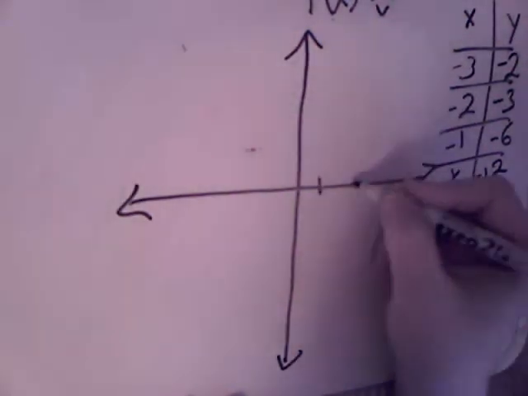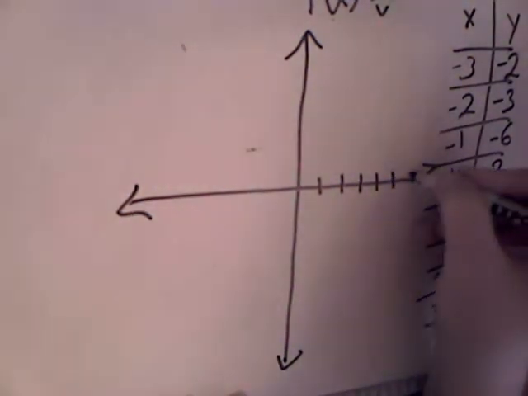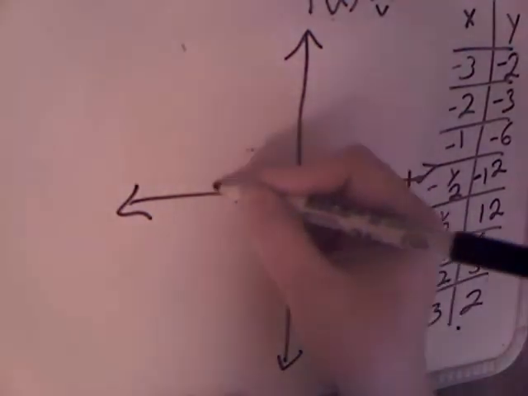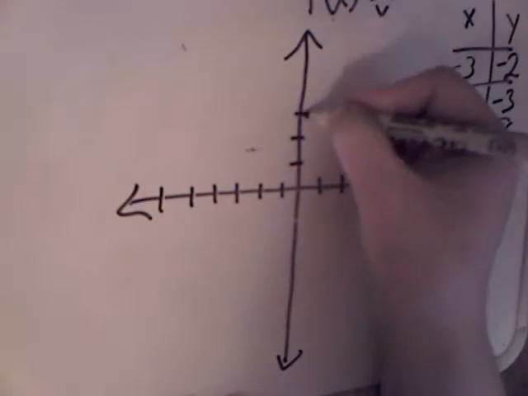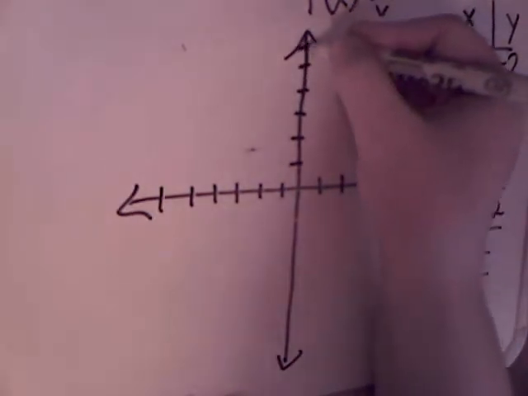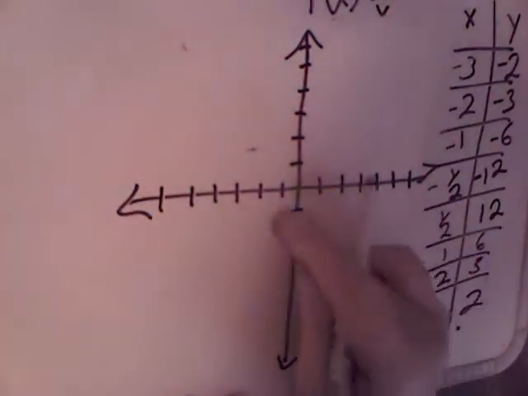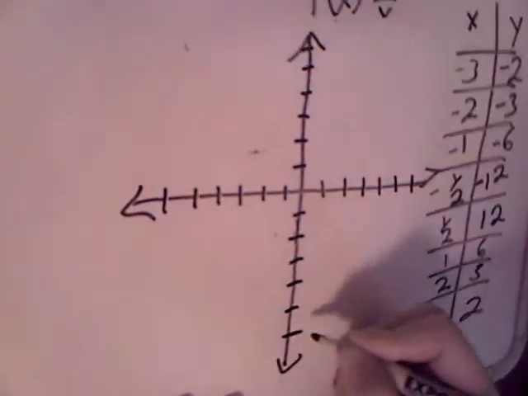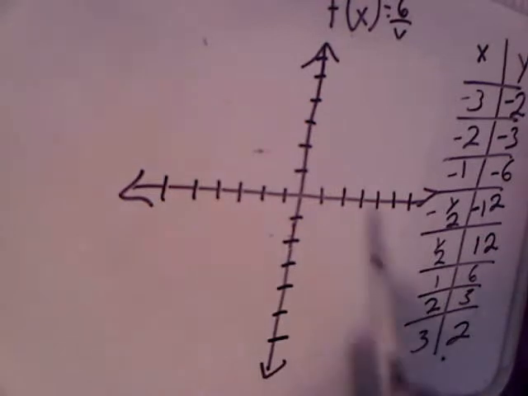So this is going to be 2, 4, 6, 8, 10, 12, on each side of the axes.